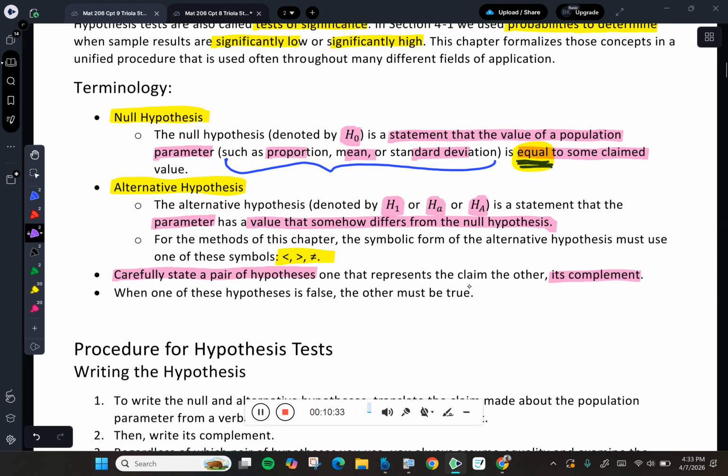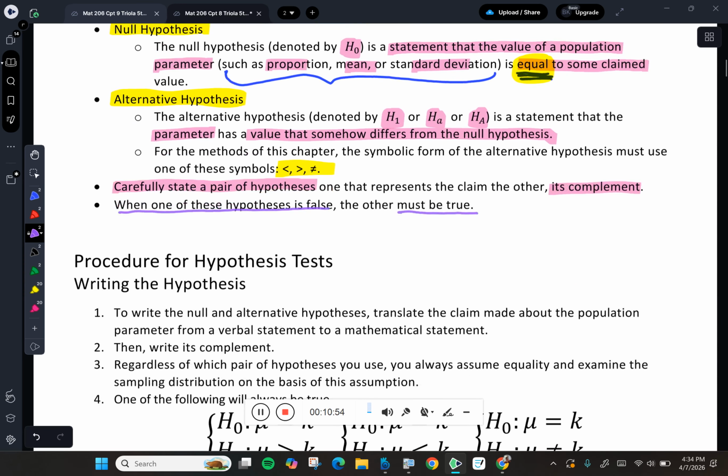Because we want to have a scenario where only one of these two things can be true, we write our hypotheses so that if one is false, the other must be true. There's no gray space. Either this one's true or that one's true. They both can't be true, and at least one of them must be true.